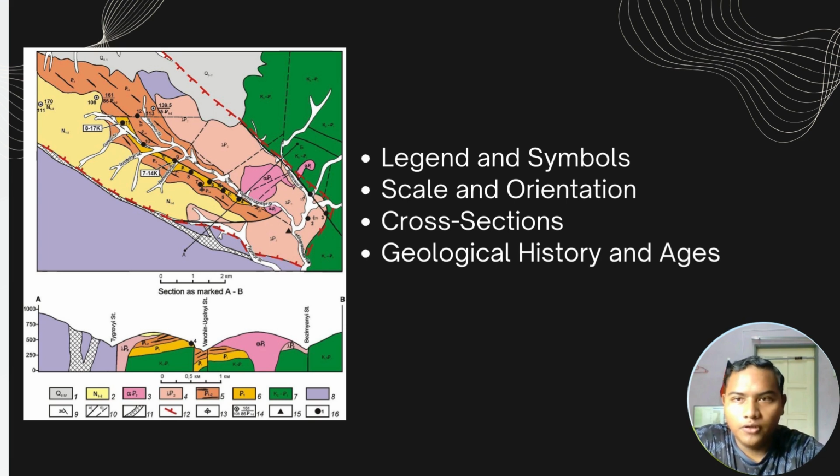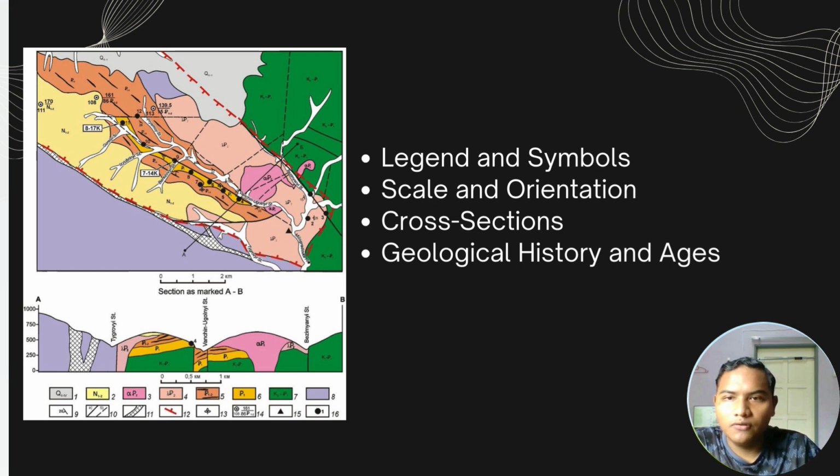Okay, for this point, I would like to share about the geological structure map. This point covers the legend and symbols, scale and orientation, cross-section, and geological history and age. For legend and symbols, a legend is provided to explain the symbols and colors used on the map.